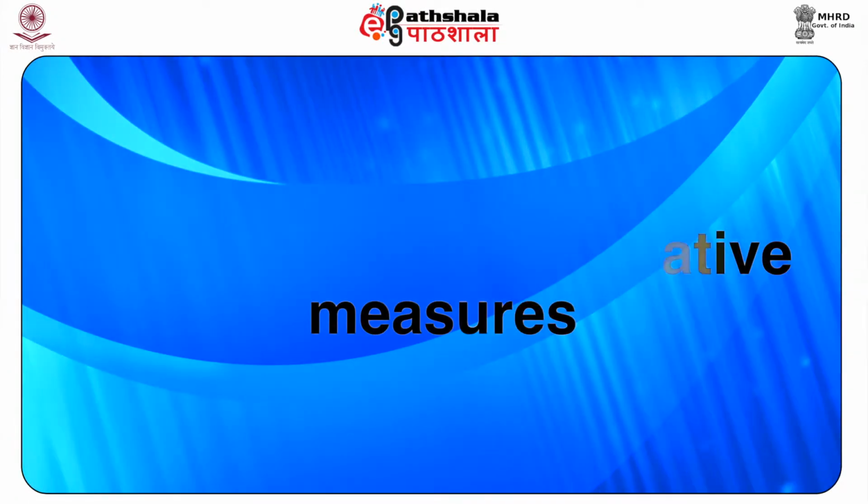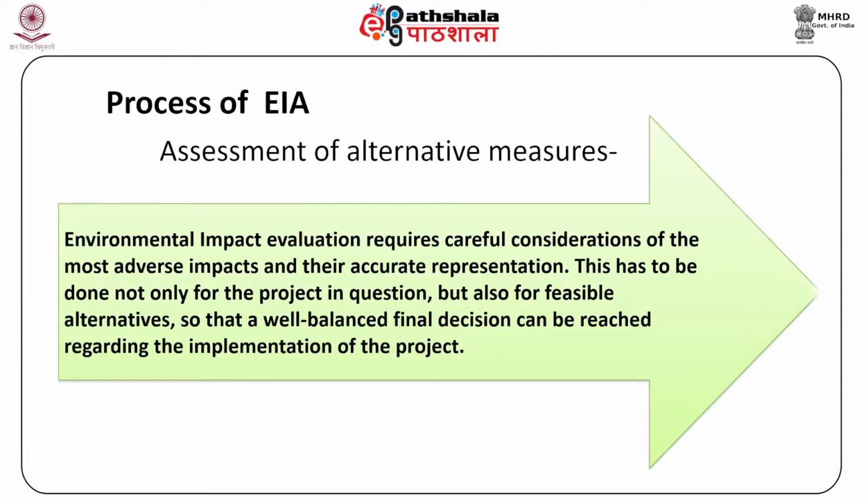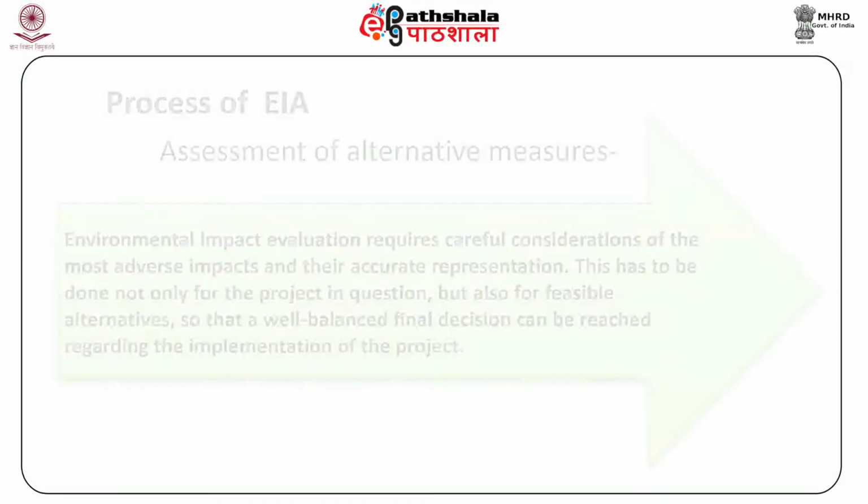Assessment of alternative measures. Environmental impact evaluation requires careful consideration of the most adverse impacts and their accurate representation. This has to be done not only for the project in question but also for feasible alternatives so that a well-balanced final decision can be reached regarding the implementation of the project.